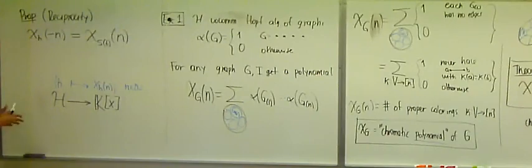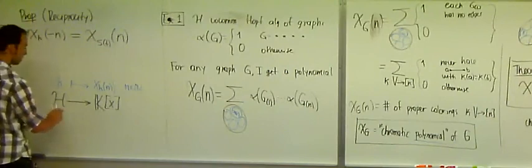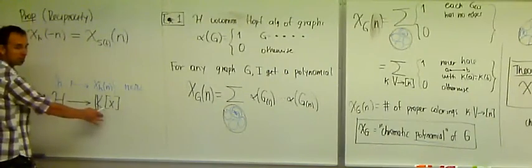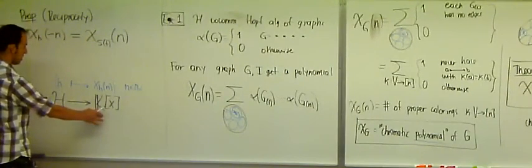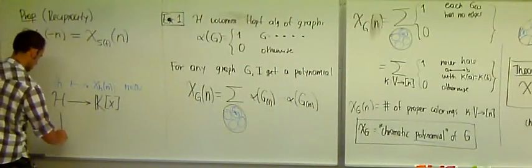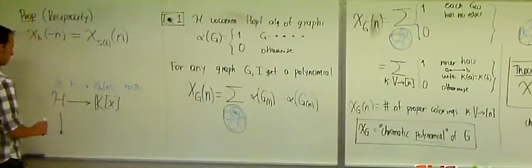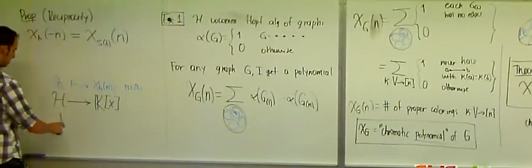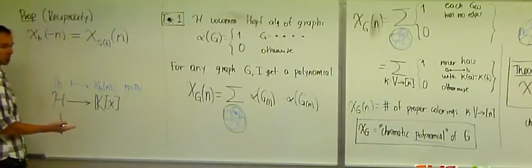The proof of this actually is very simple, because this is a morphism of Hopf algebras. Right? Now, if it's a morphism of Hopf algebras, then it has to preserve the antipode.